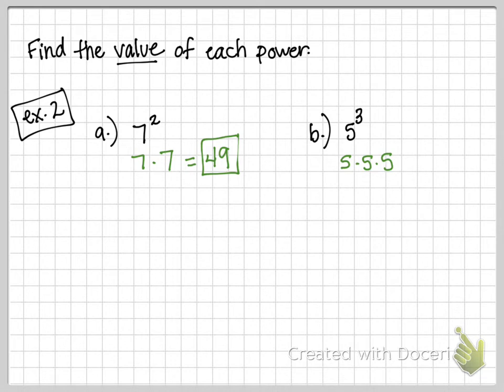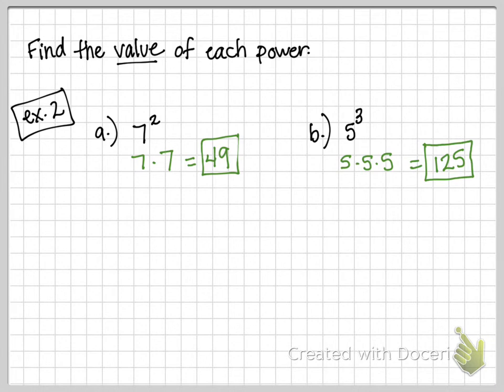5 times 5 times 5. What'd you get when you do 5 times 5 times 5? Colin? 125. Very good, 125. If you did 5 times 3, what would you have gotten? 15. What do you notice about these exponents? What happens to these numbers as we evaluate?